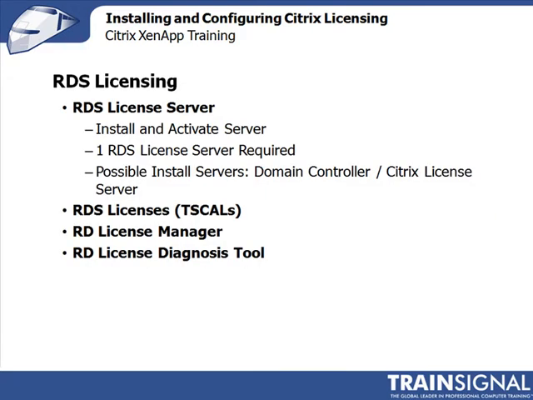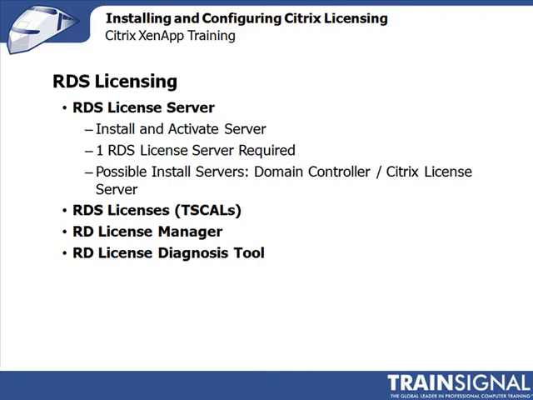Now, from an RDS licensing perspective, you need an RDS license server. You have to install and activate this server, and we're going to do that once we start the demonstration process of this lesson. You also need at least one RDS server per domain or per forest, and we'll talk about that. You can install the RDS server. Typically, I like to install the RDS server on a domain controller.